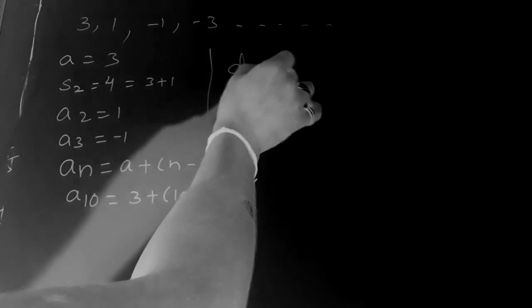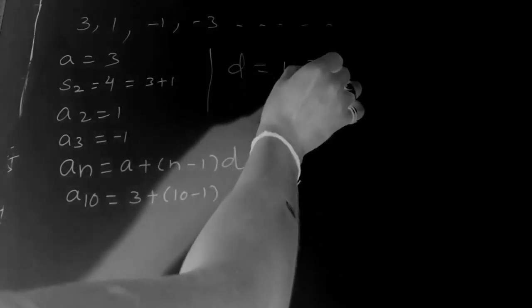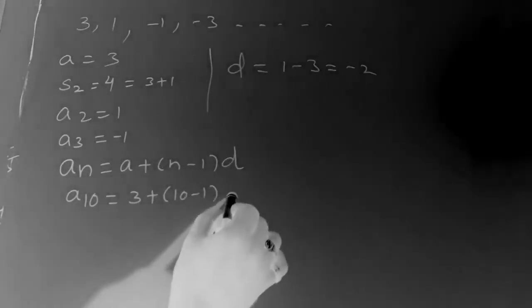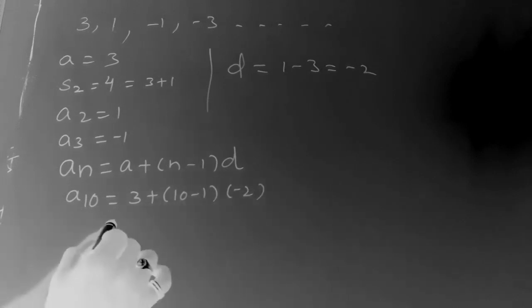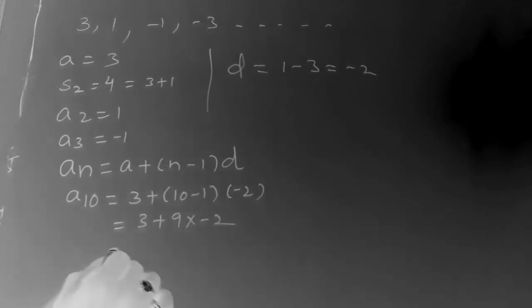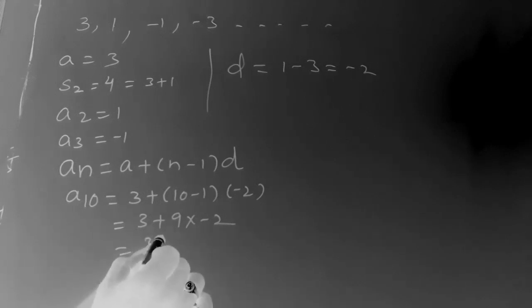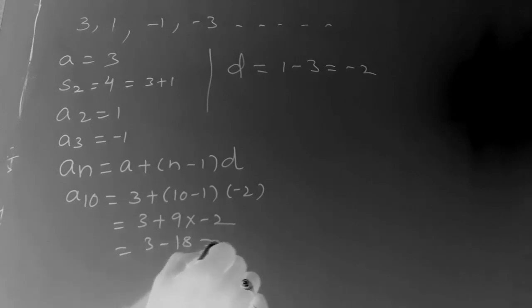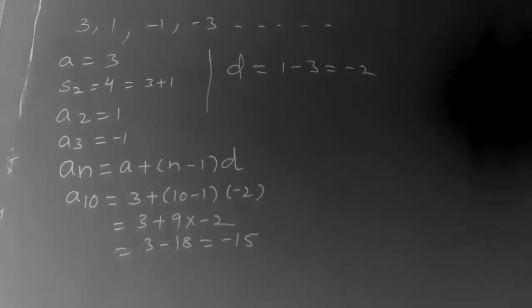What is the difference here? The difference is t2 minus t1, 1 minus 3, that is minus 2. So 3 plus 9 times minus 2. Plus into minus is minus, 18. So minus 15 is the 10th term of the AP series.